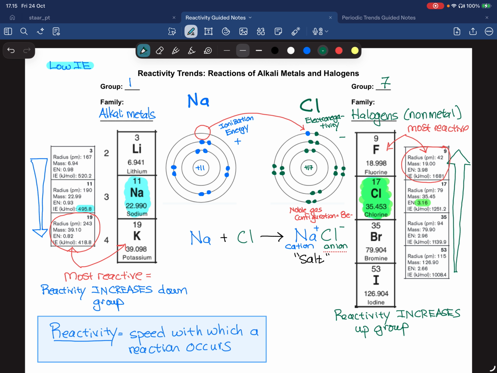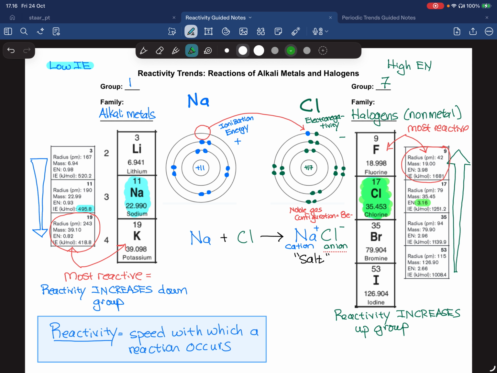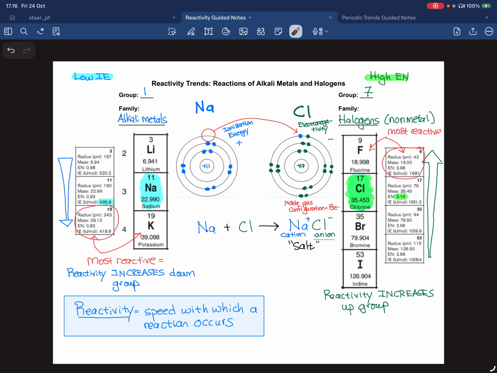What makes nonmetals reactive is a high electronegativity. The higher you go, the more reactive they get. And so the most reactive pairing, of course, would be potassium reacting with chlorine, and the least reactive pairing would be lithium reacting with iodine.